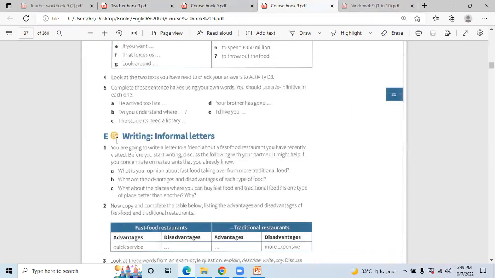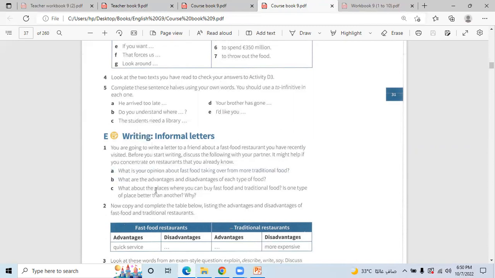Okay, then we have an E part. You're going to write a letter to a friend about a fast food restaurant you have recently visited. Before you start writing, discuss the following with your partner. It might help if you concentrate on restaurants that you already know. Yes, see these 3 things.